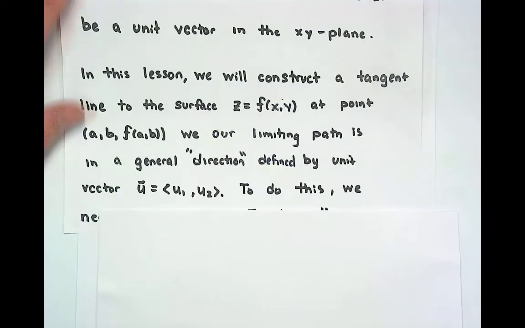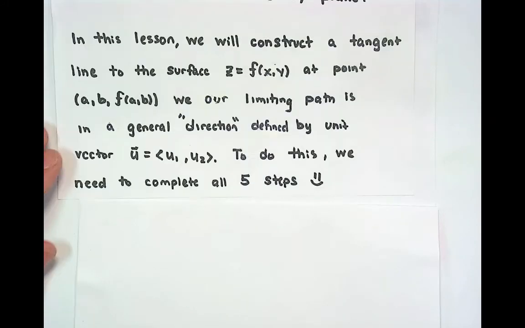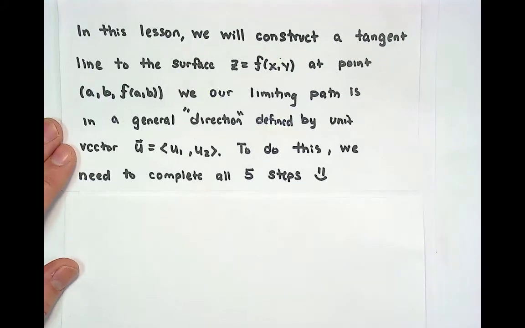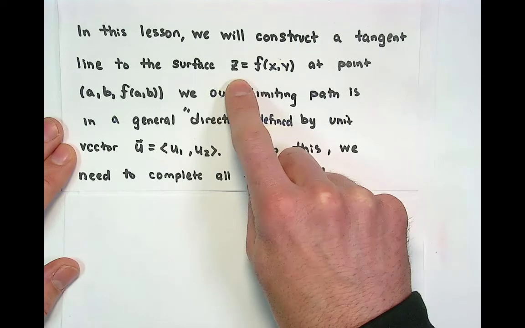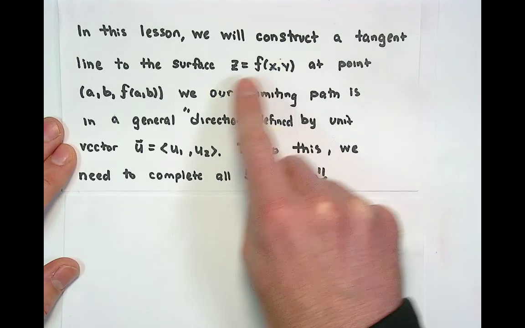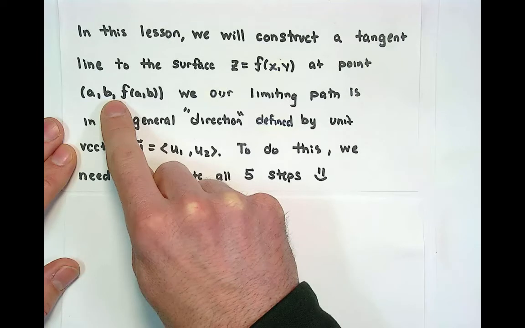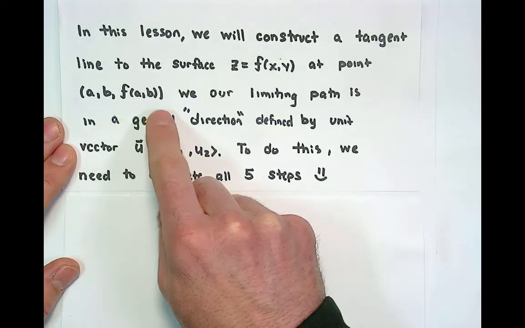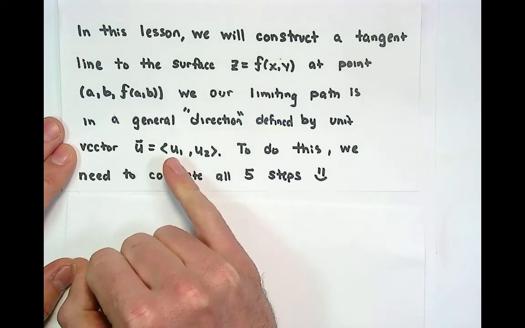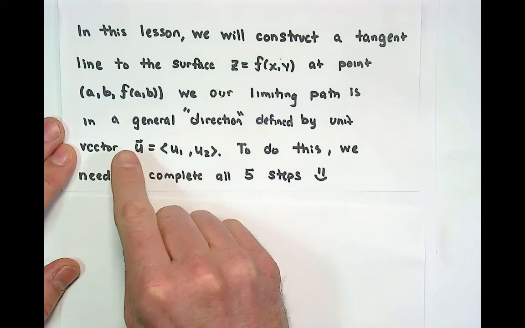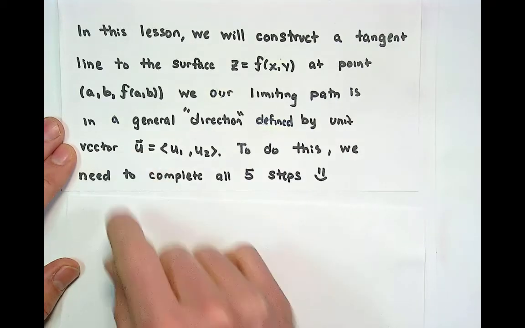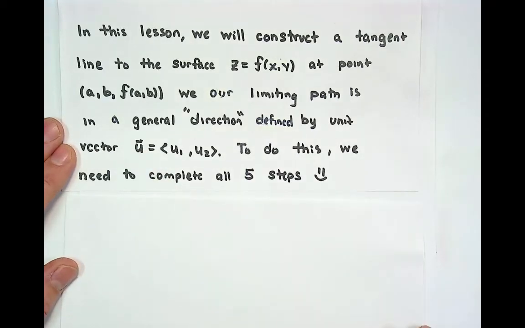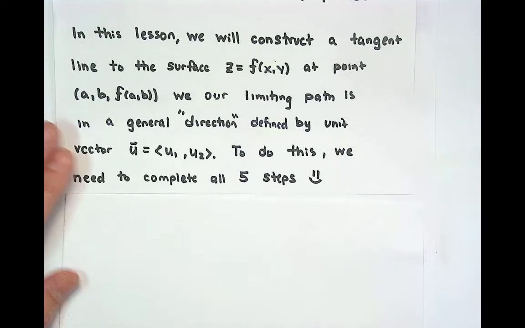Remember that the whole idea of the directional derivative was to construct a tangent line to the surface z equals f(x, y), at the point on the surface (a, b, f(a, b)), where our limiting path was given by a general direction defined by the unit vector. As always, to create the slope of a tangent line, to create a derivative, we're going to use a 5-step program to salvation.